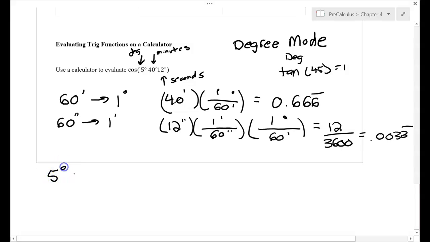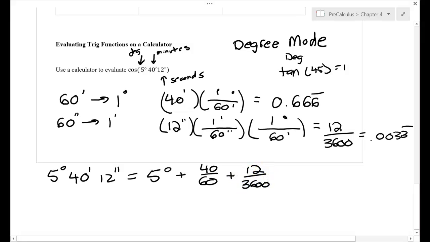So I'm just going to add these onto my degrees. So now my 5 degrees, 40 minutes, 12 seconds is going to be 5 degrees plus my 40 over 60, which is what I get from my first conversion, plus my 12 over 3600.